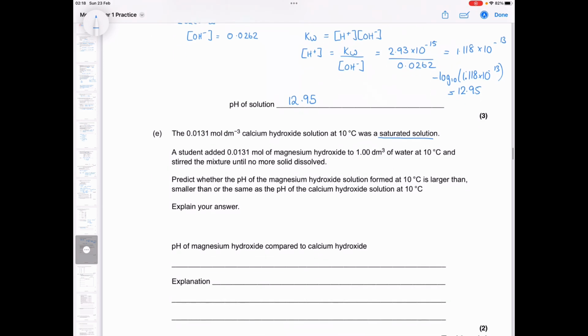So if you go down the group, magnesium hydroxide is less soluble than calcium hydroxide, because solubility increases as you go down the group.